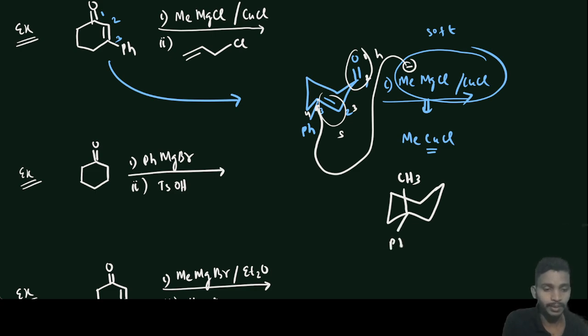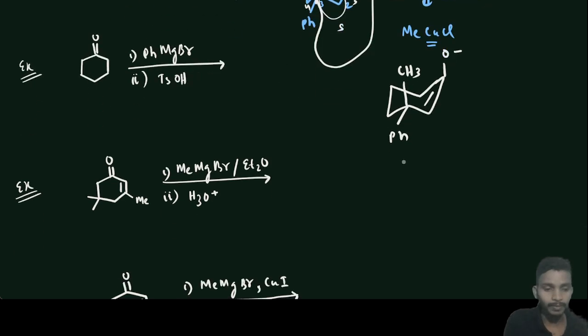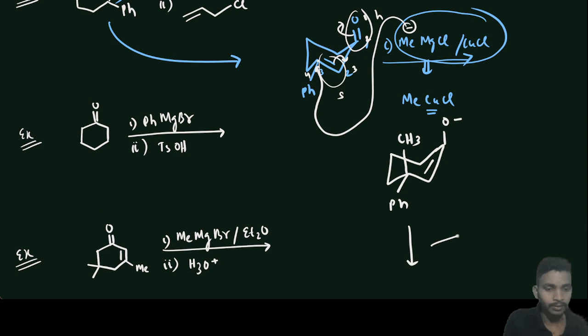So this is Ph. If it attacks, then it will shift to here, and we will get O minus. Okay. Now what will happen? Now we have another reagent that they have given, that is this group.